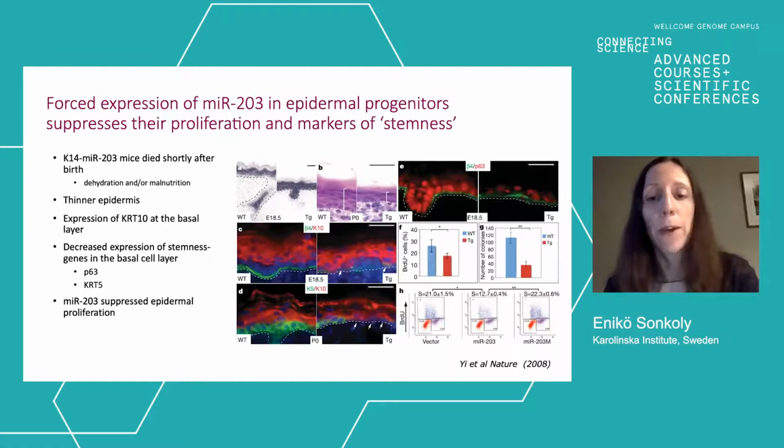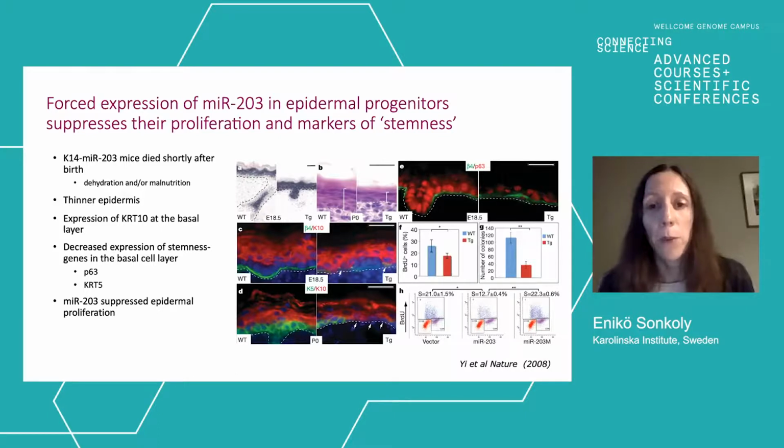So this microRNA regulates the differentiation of the keratinocytes. How they did that is that they expressed miR203 using the keratin 14 promoter, specifically in the epidermis, in the basal layer where this microRNA normally would not be expressed.